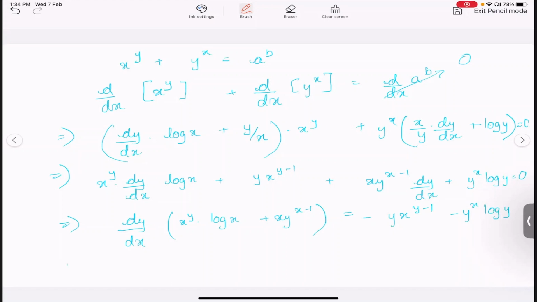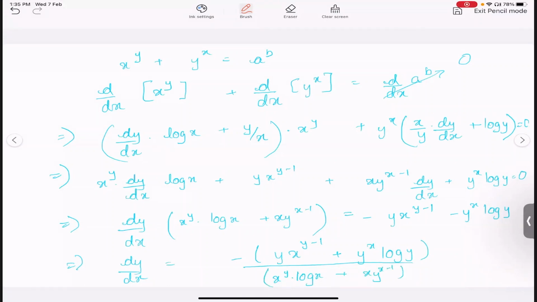So dy by dx will be equal to minus y to the power x, y times x to the power y minus 1 plus this thing log y by x to the power y times log x plus x y to the power x minus 1.